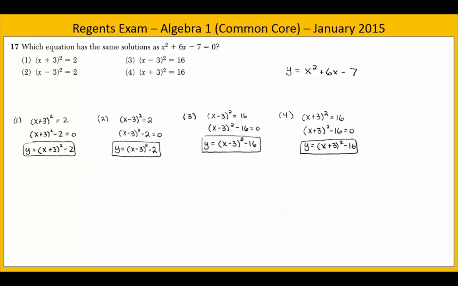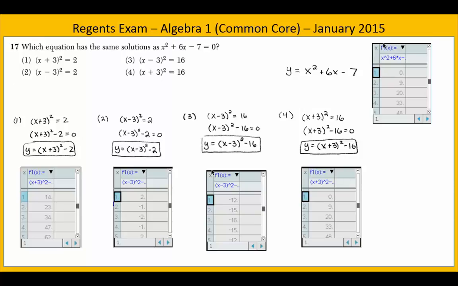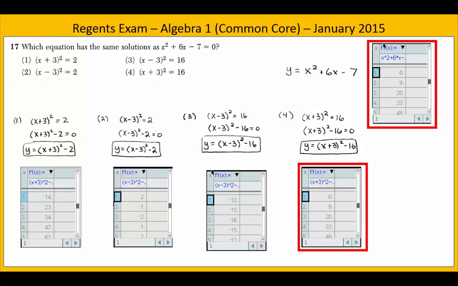Another option would be to take each of the equations, set them equal to 0, and then substitute the 0 for a y equals. Graph each of the equations in your graphing calculator and compare the table of values. When I do that, and I look at the table for the original, I notice that the table of values for equation number 4 is the same.